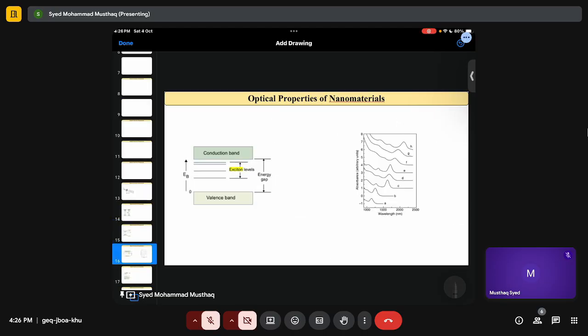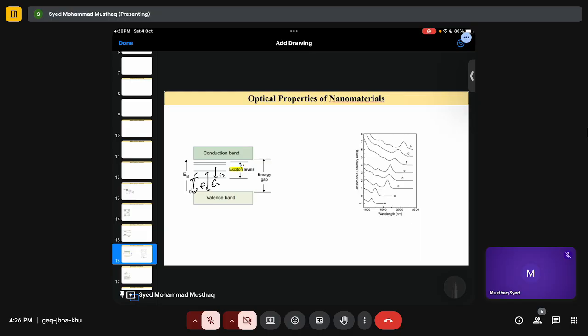And yes, the valence band, the conduction band, the exciton levels. We call them exciton levels: from the valence band, this is E1, from here to here it will be E2, from here to here it will be E3. And these are the different exciton levels.